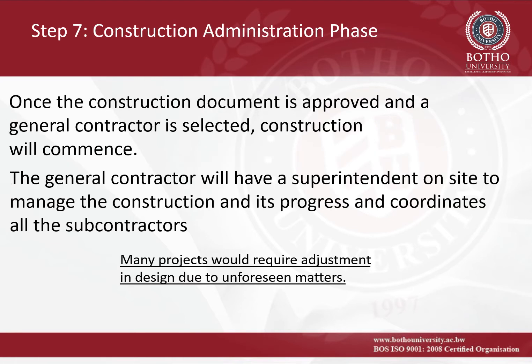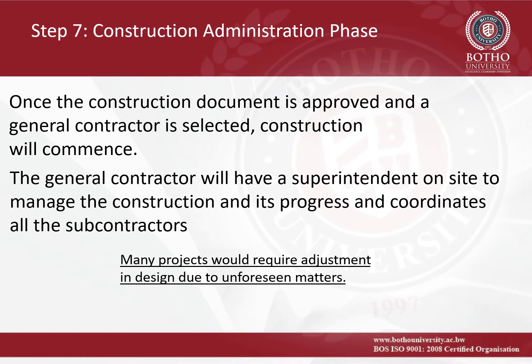The step 7 of the process is the construction administration phase. Once the construction document is approved and a general contractor is selected, construction will commence.